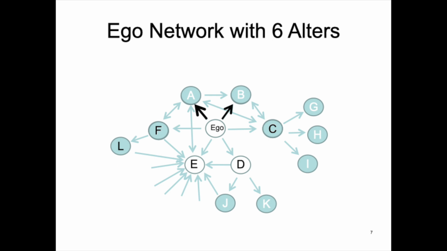We also know that so-called Simmelian ties increase interpersonal influence, right? So A and B, if they're connected to one another, have a stronger influence on ego than other alters in the network. And of course, more globally, we know from Ron Burt's work that if you have a network filled with alters that are connected to one another, you're in a highly constrained situation, and that will also accentuate the influence that your network has on your behavior.